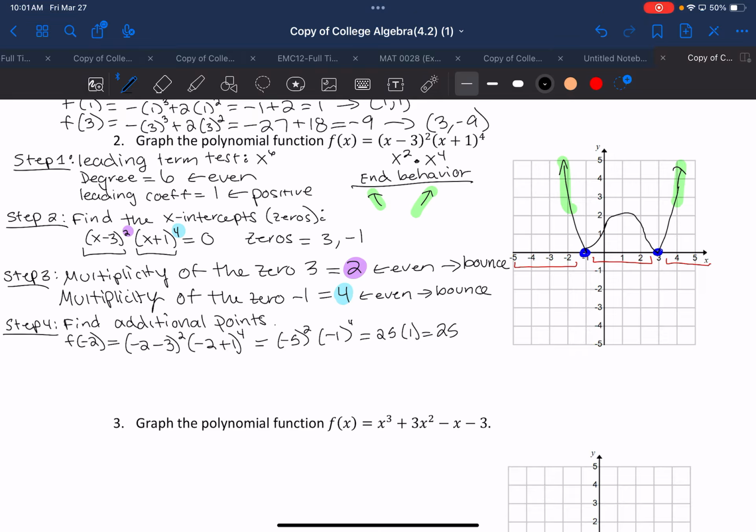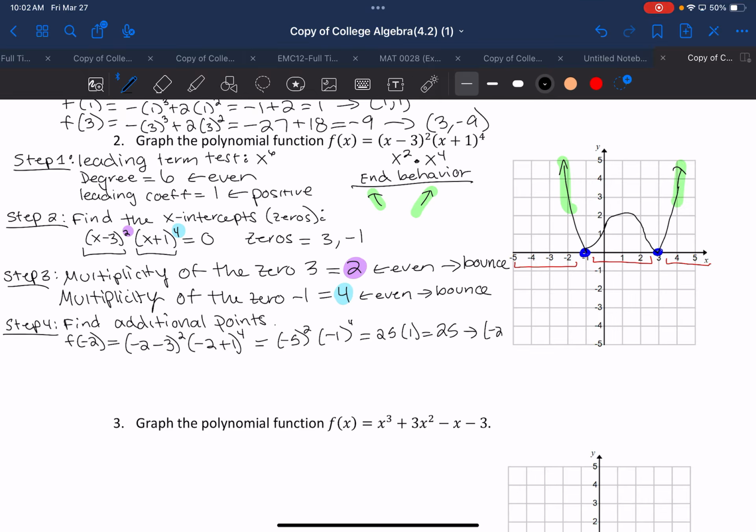This is for, I'm finding another point to the left of -1. So I plugged in -2. And I just found that at -2, my graph is going all the way up to 25 for y. So I'm just finding another point to the left of that intercept. So I obviously can't graph 25.